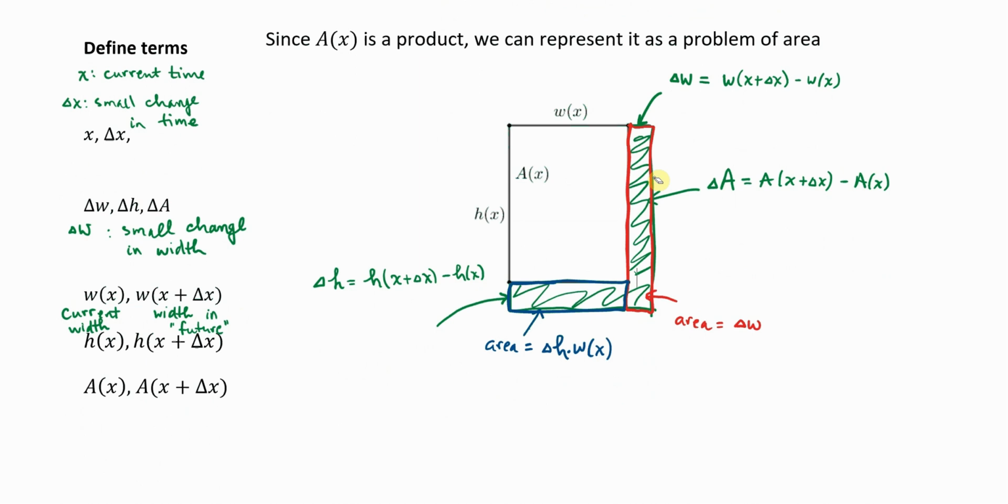Now this length is H of x plus a little bit more, plus delta H. You can also say that H of x plus delta H is the height in the future.